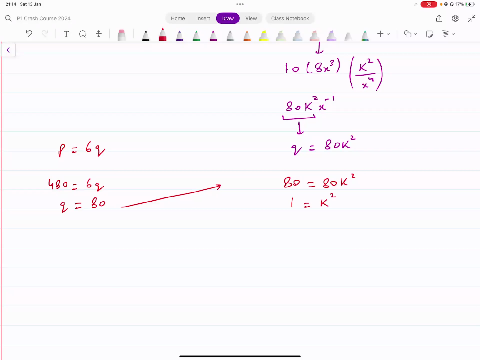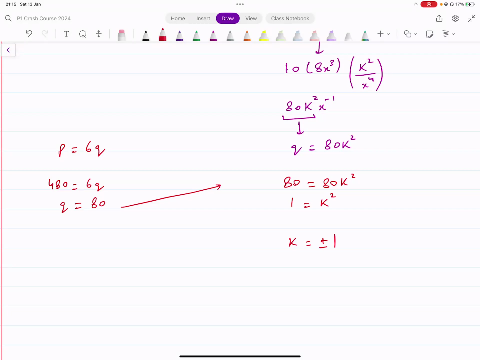What's the value of k that we get? Plus minus square root of 1. Plus minus 1, right? So do not forget the plus minus. You have two values, plus minus 1.